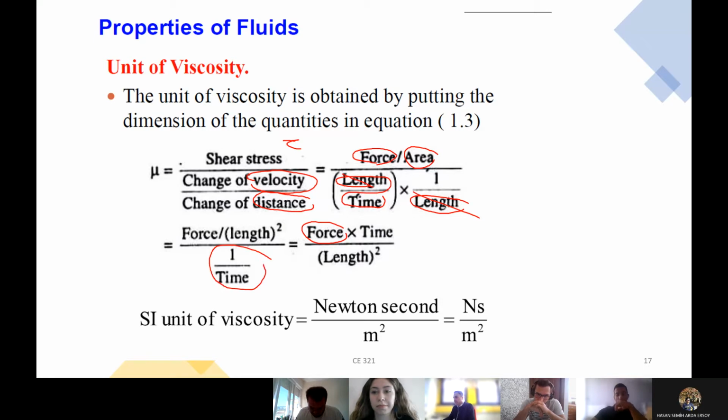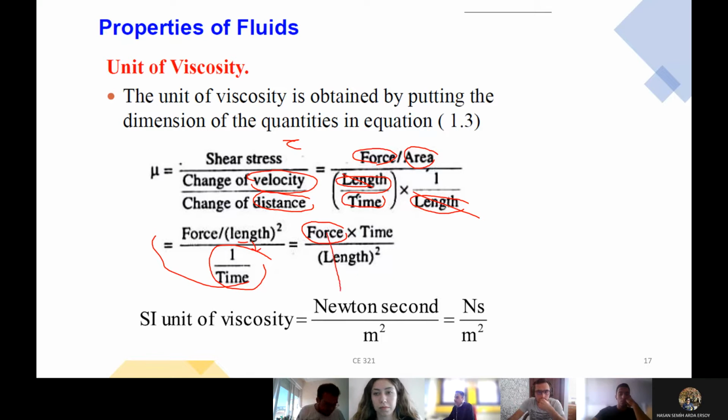Now we have force over length square over 1 over time. You can move time up, and this length square comes to the denominator. So the unit is force times time over length square.